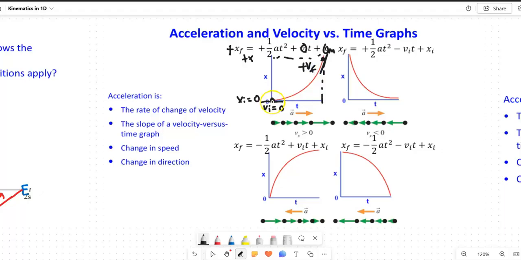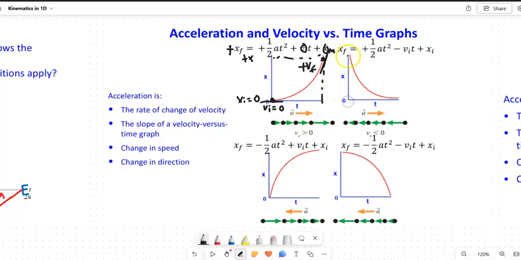Well, if you start out at 0 and have a positive velocity in the end, you're adding to that, so this is going to be a positive acceleration. So this acceleration is adding to this 0 to make that slope even more steep in the positive way. All right. Now, over here, so this is speeding up while moving to the right. The acceleration vector is to the right, and all the velocities are to the right.